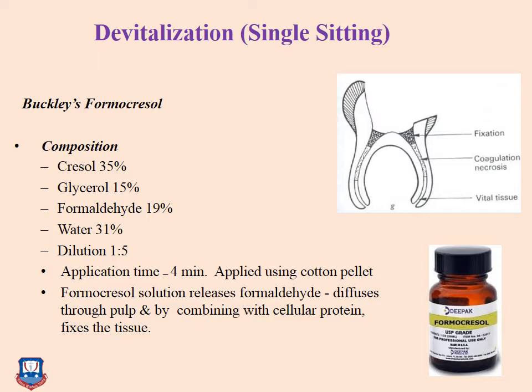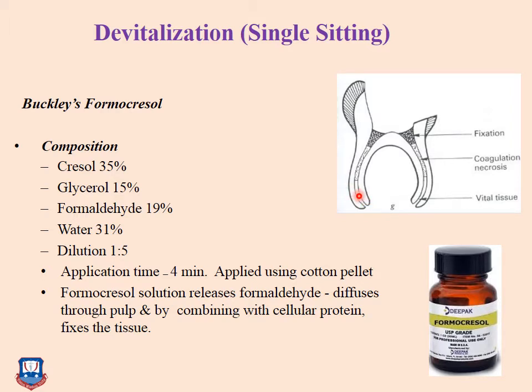So as you can see in the picture here, once you place the medicament, the pulp tissue which is there in the root area, the first tissue gets fixation. So there is fixation of the pulp tissue. The next what we have is the coagulation necrosis, and at the end, at the apical region, you have the vital tissue.